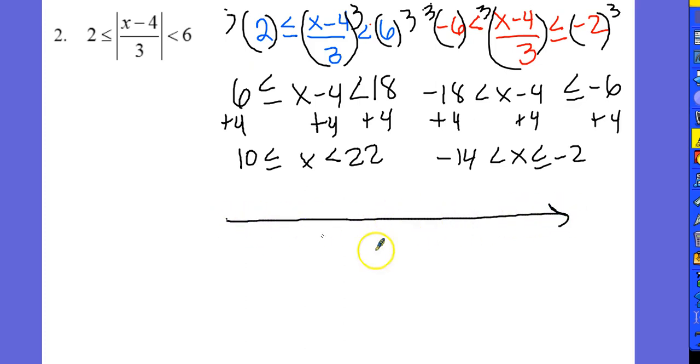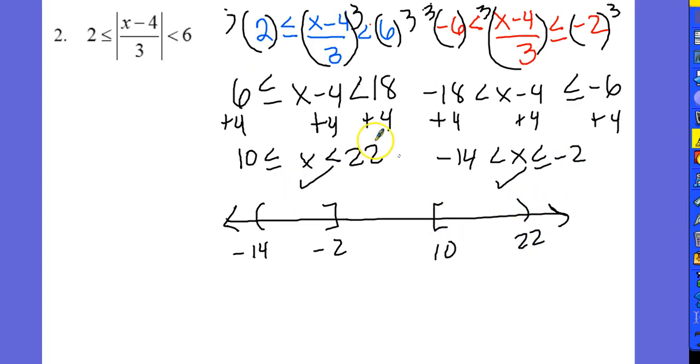Because then you don't even have to worry about intersections. You're graphing from negative 14 to negative 2. That's that one. And then you're coming back and graphing from 10 to 22. That's that one. Solution. Done. It was really interesting. And we tried it with a couple and it continued to work. So we did a little experiment and it worked every time.